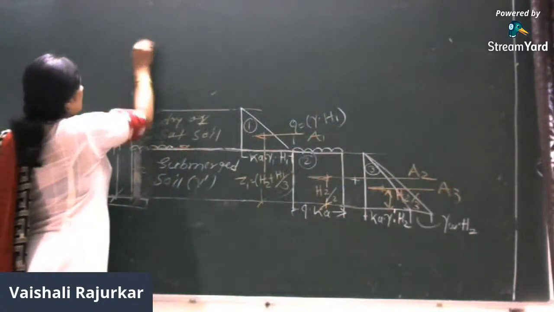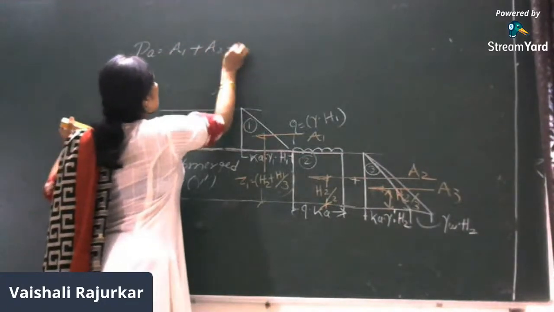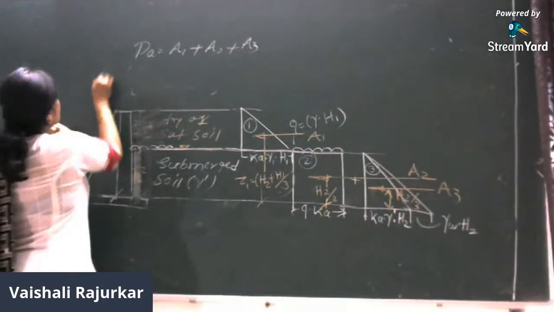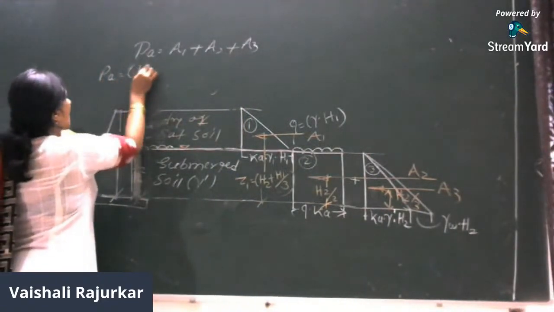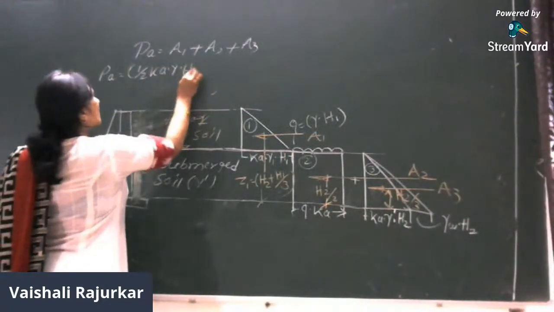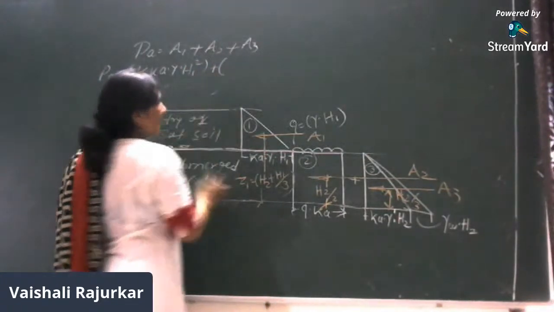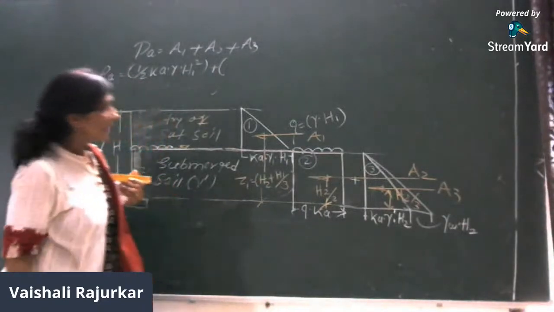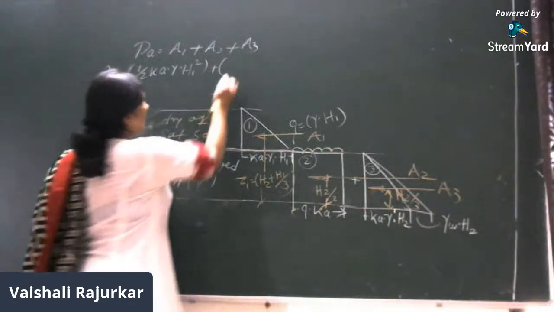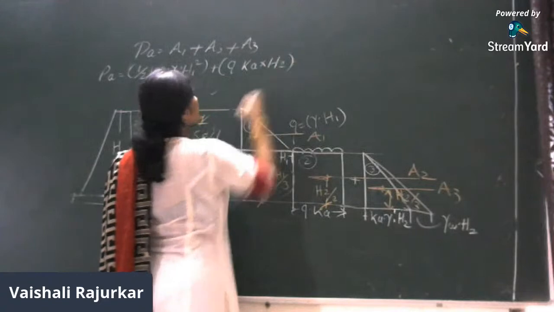So PA is equal to A1 plus A2 plus A3. What is A1? A1 is half of Ka into gamma into H1 square. Then plus the area of the rectangle. Area of rectangle is Q into Ka into H2.